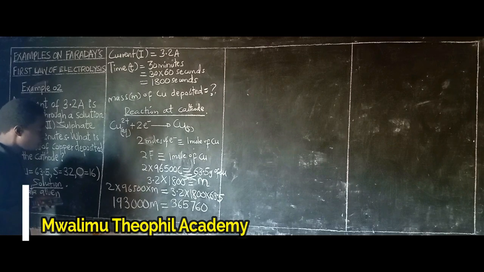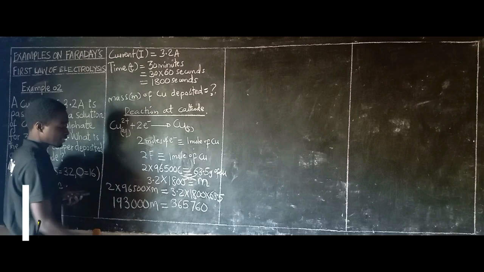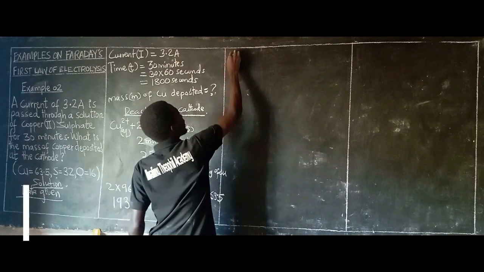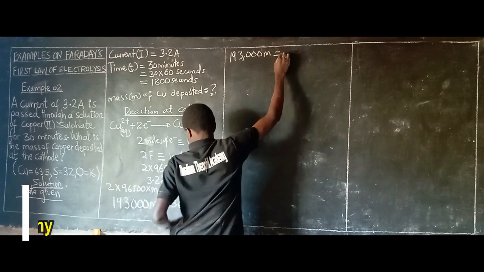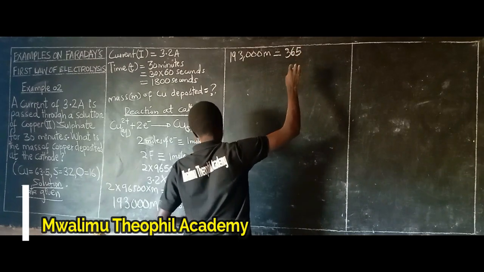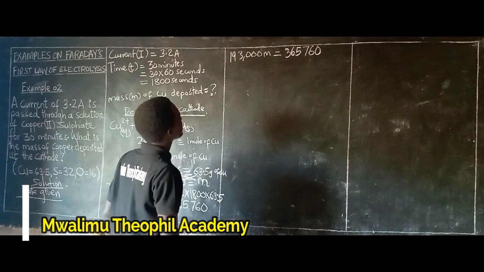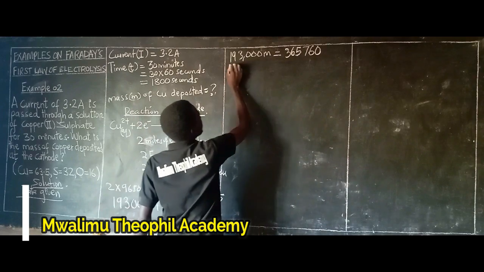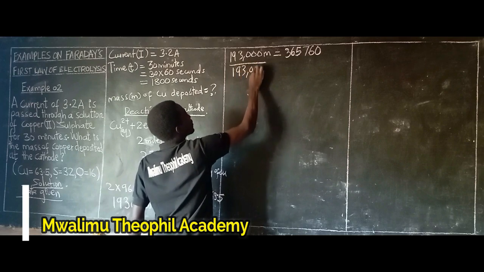Now after obtaining this, what is next is to divide by 193,000 both sides so as to remain with the m. So 193,000 m is equal to 365,760.